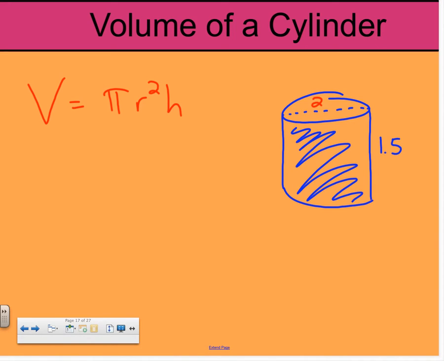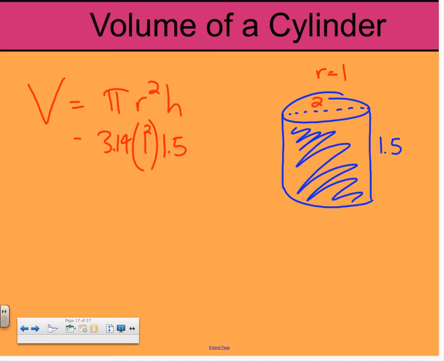So I know that h is 1.5. I know that pi is 3.14. I don't know what r is. So diameter is 2. So half of 2 would be 1. So the radius then would be 1. And I've got to do 1 squared, which is actually very easy to do.